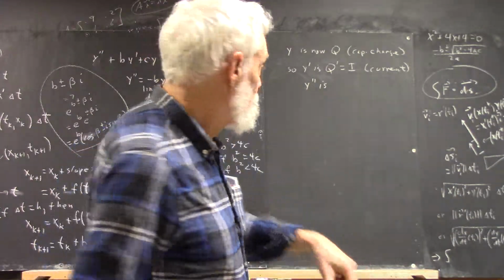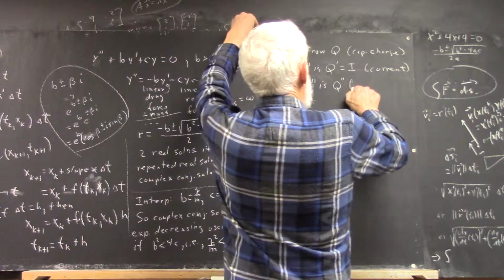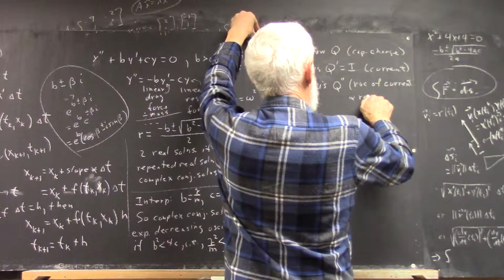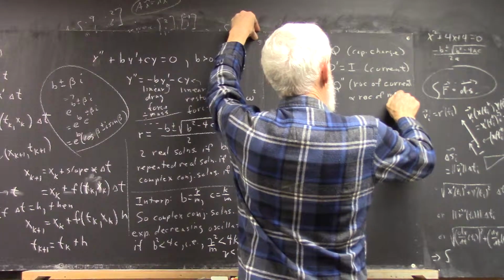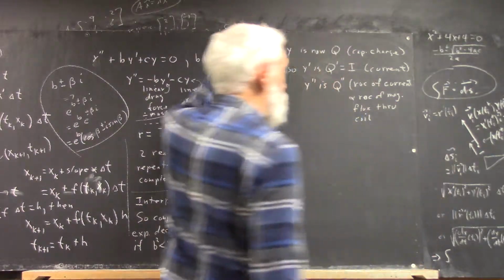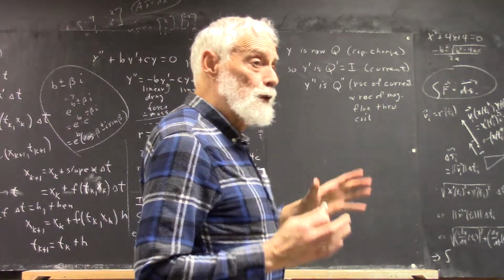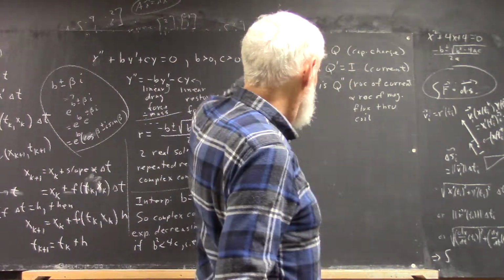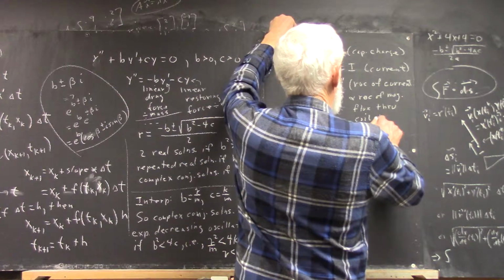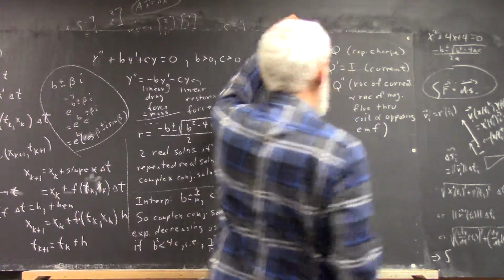Well, when you get down to the details, Y double prime is Q double prime, and its rate of change of current, which is proportional to the rate of change of the magnetic flux through a coil. We'll distinguish coils from solenoids later. It's fairly simple once you have the underlying concepts. So it's the rate of change of current, proportional to the rate of change of magnetic flux through the coil, which is proportional to the opposing EMF.